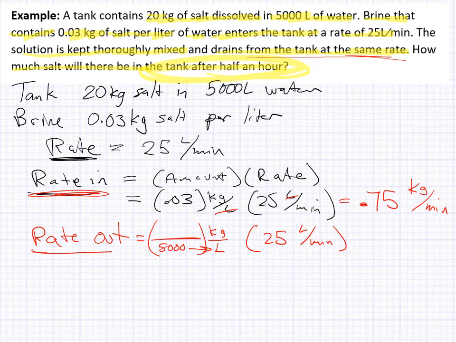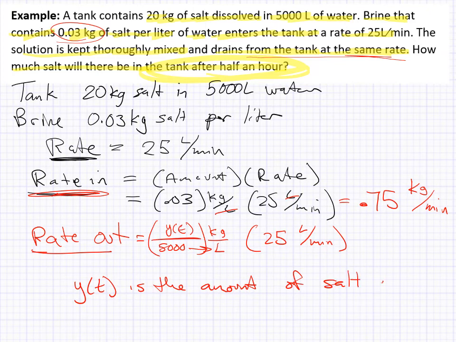It starts at 20 kilograms, but it's going to be changing because we're adding a certain amount. So we're going to describe the amount of salt per 5,000 liters as a function y of t, where y of t is the amount of salt after t minutes in the tank.